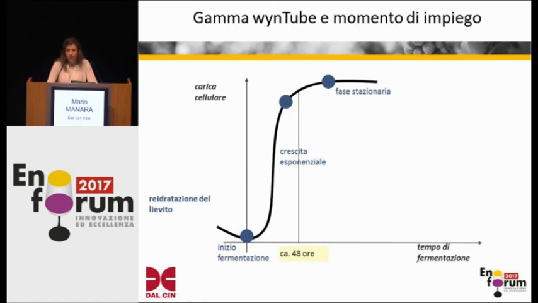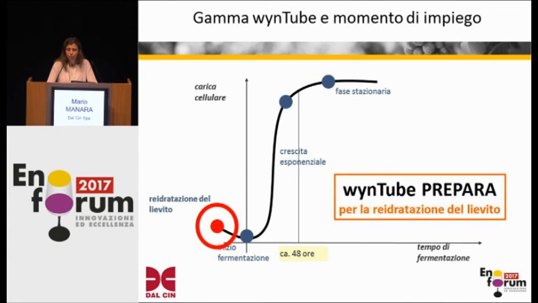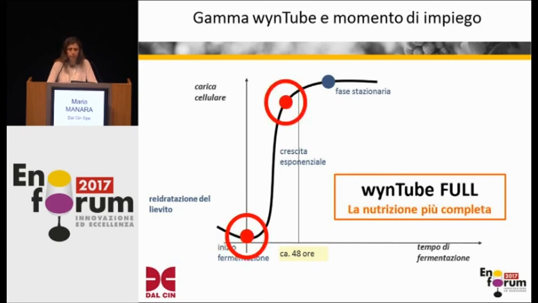WinTube is now a range. We managed to prepare a product for every individual need. So first of all, we have WinTube Prepara. I'll just illustrate how they're used and what they're for. This is the specific product for when rehydrating yeast.